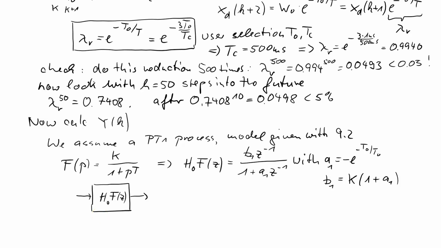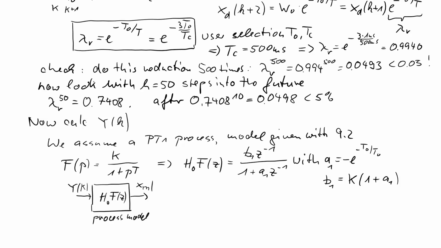What is das? Also, warte mal. Process model. So we need a good identification, otherwise this doesn't work. That is xm, and the input is the controller output y of k.